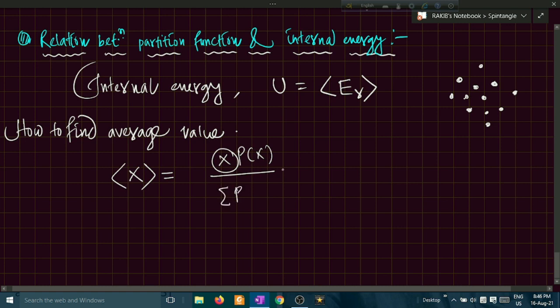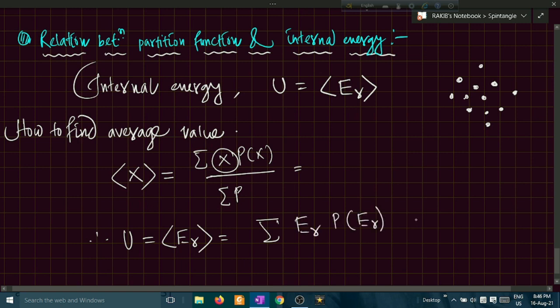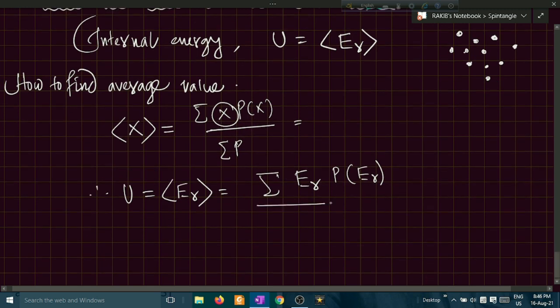Therefore, in case of finding U, it is the average of Er: Er times the probability of getting Er upon the total probability. The total probability is always 1.